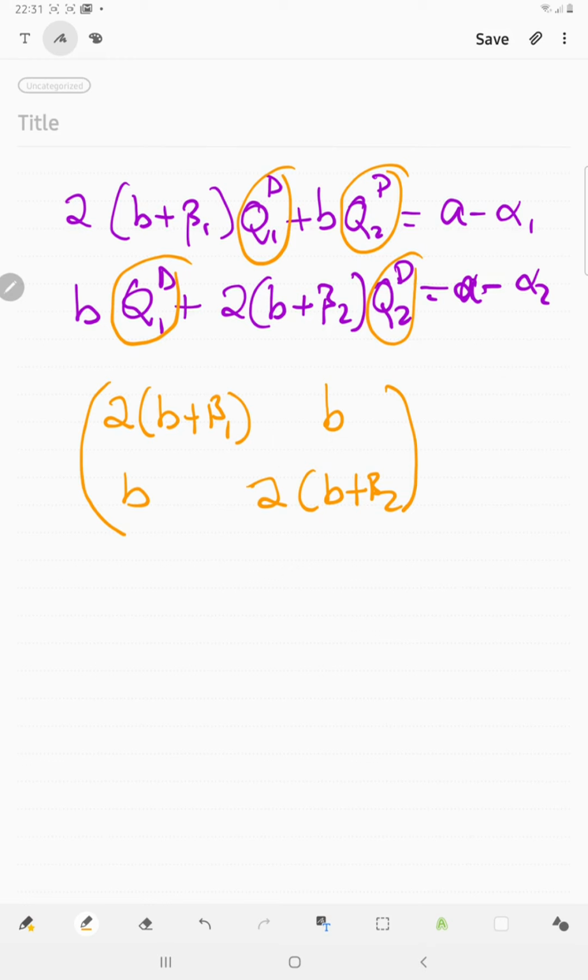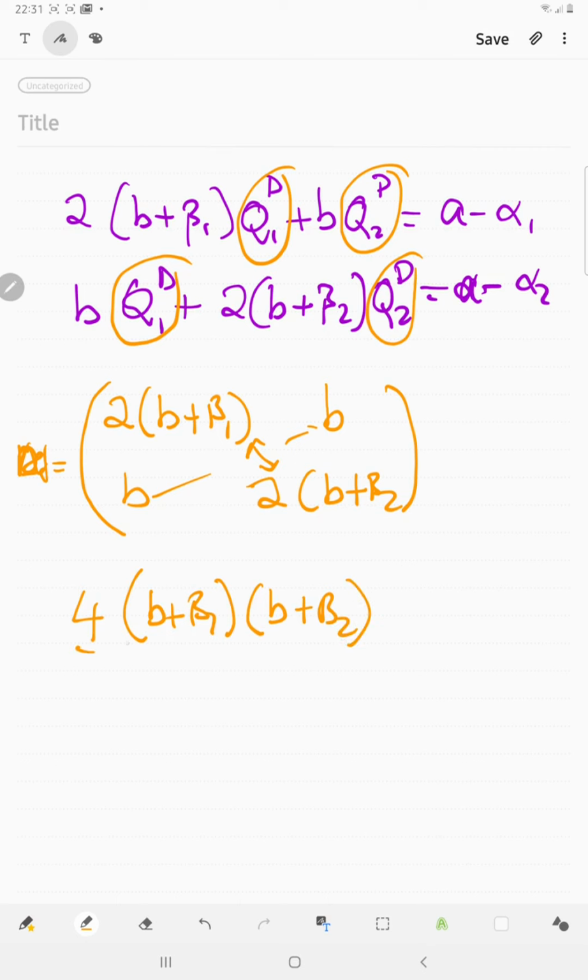So what about the determinant of this? You multiply this times that minus this times that, so it will be 4(D + β1)(D + β2), and then you multiply the other two, so it will be D squared. So this is the determinant of this particular matrix.